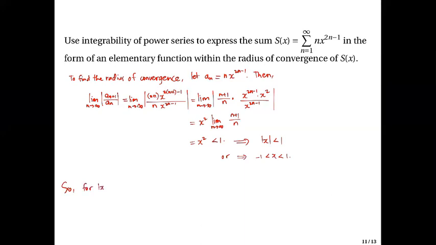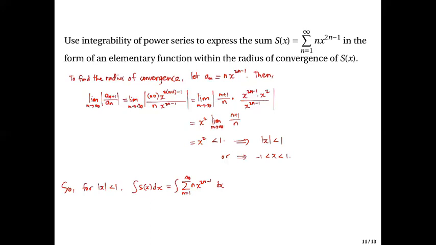For the absolute value of x less than 1, we were given a hint: integrability of the power series. So for the absolute value of x less than 1, we integrate s of x dx. We integrate the series n x raised to 2n minus 1 dx, from n equals 1 up to plus infinity.